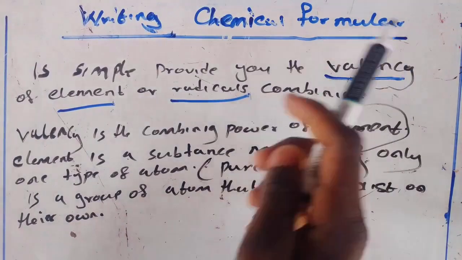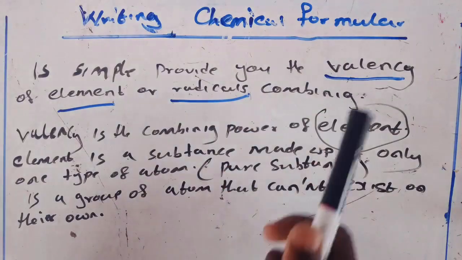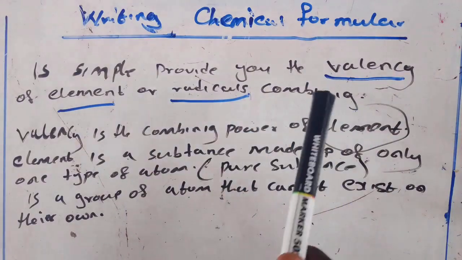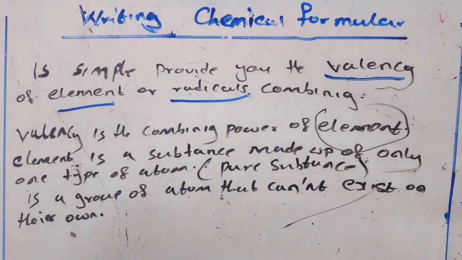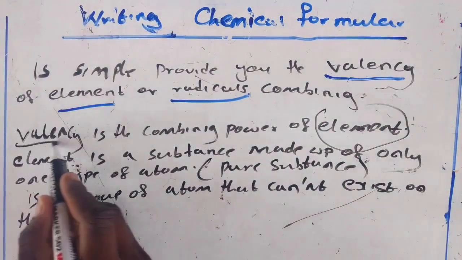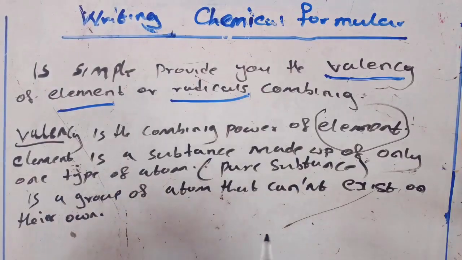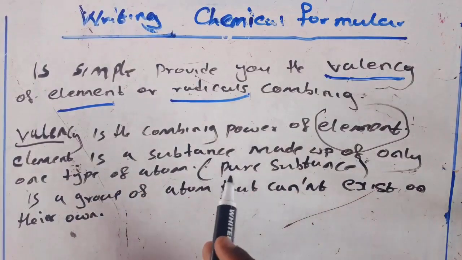So we have defined these terms. First of all, we defined a valence as the combining power of an element. Again, we defined an element as a substance made up of only one type of atom.